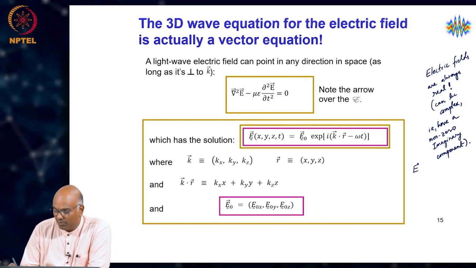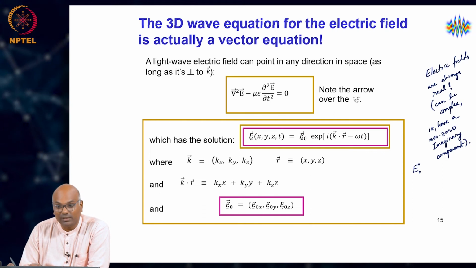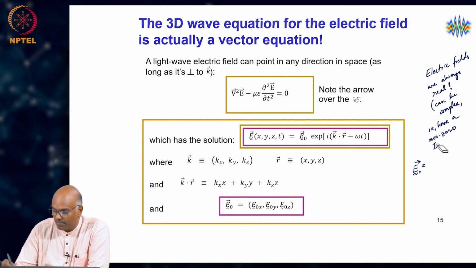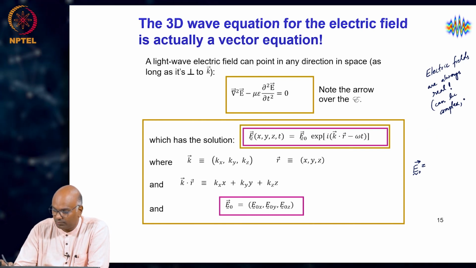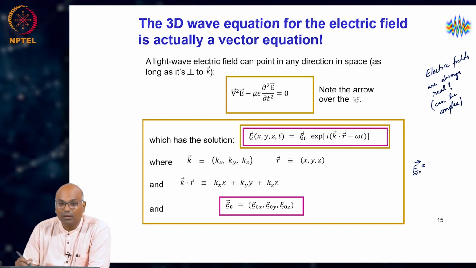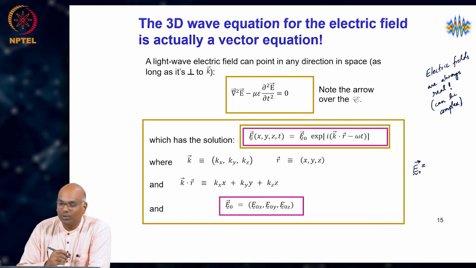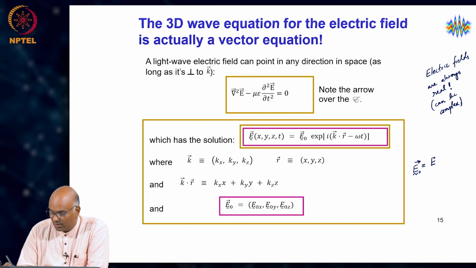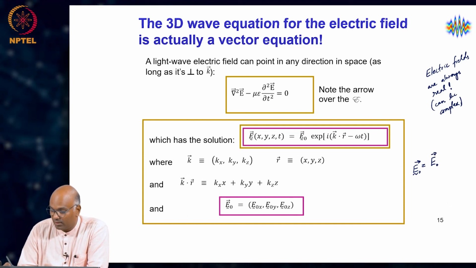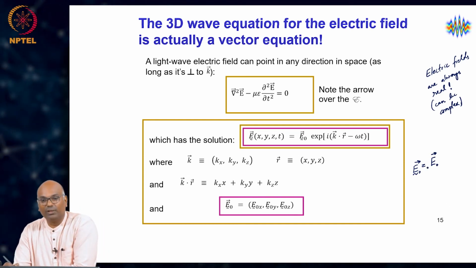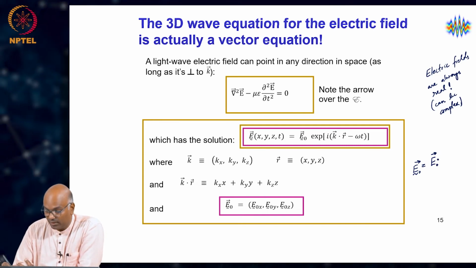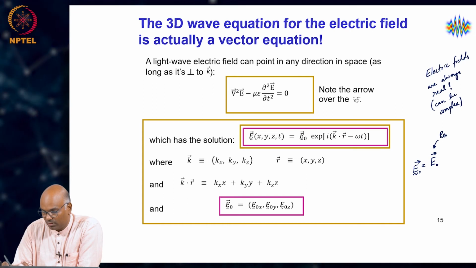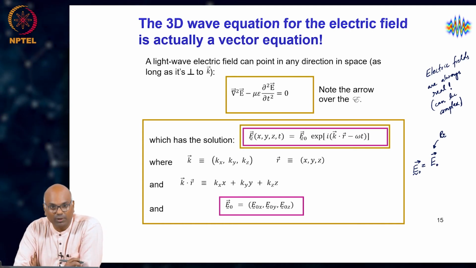So, when we say that the amplitude is E naught tilde, why did this tilde come about here? It came about because this is essentially, keeping to our present notation, a real valued vectorial amplitude E naught.